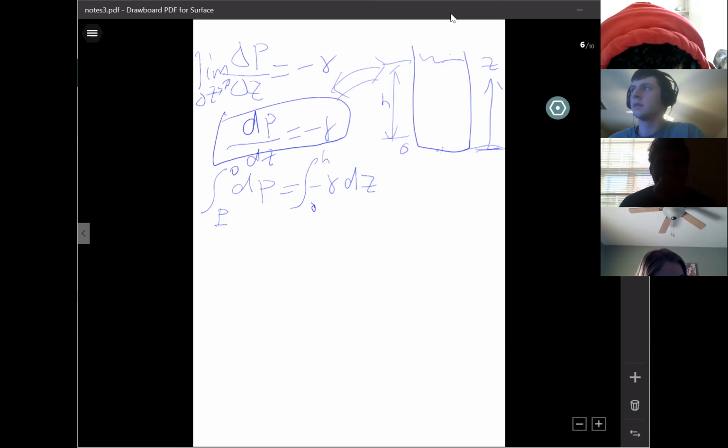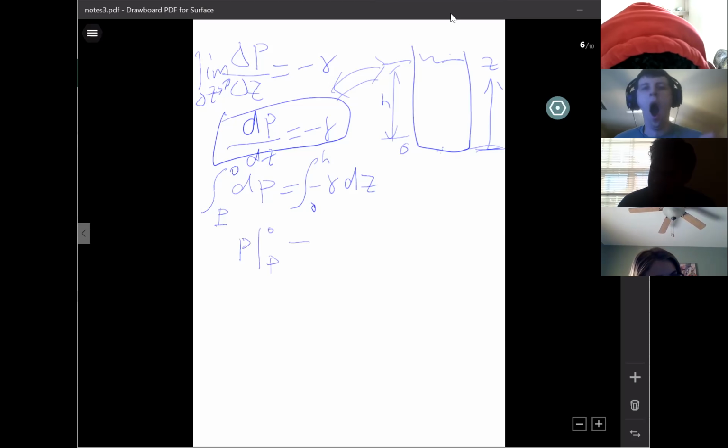So how do you take the integration of dP? Basically, it's 1 dP, right? That's why I say it's the simplest differential equation. So what is the integration of 1 dP? Just P. Right-hand side.